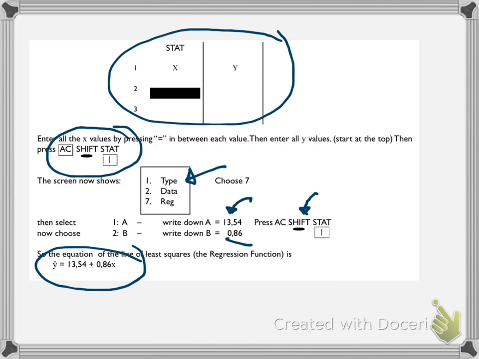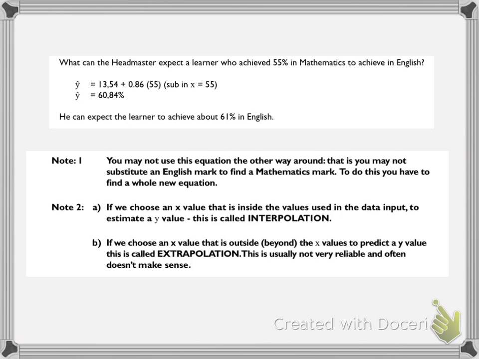The y hat comes in because this is, who decided to call it y hat, who knows, but it's an estimation. So this equation is used to estimate different English marks depending on what maths mark we put in.